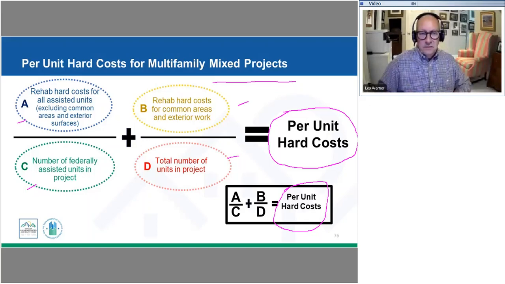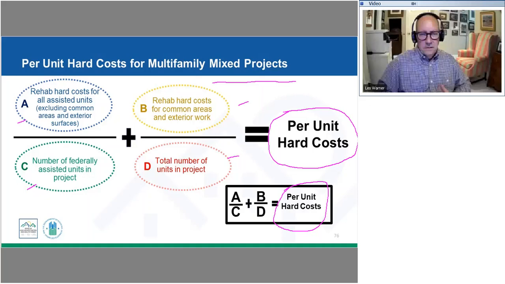Okay, good question, and not really a complicated answer. It could be all units if all units are part of the rehabilitation. Because if you have a property that has a mixture of rental assistance units and market rate units, then you have the rental assistance plus the rehabilitation monies going into it.